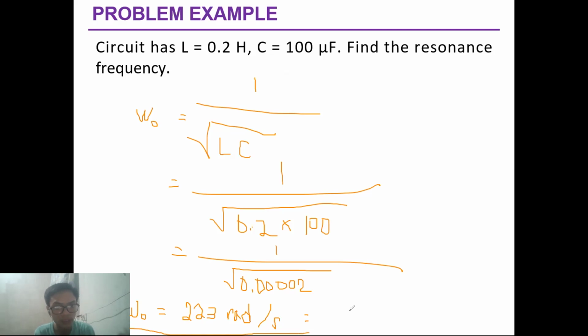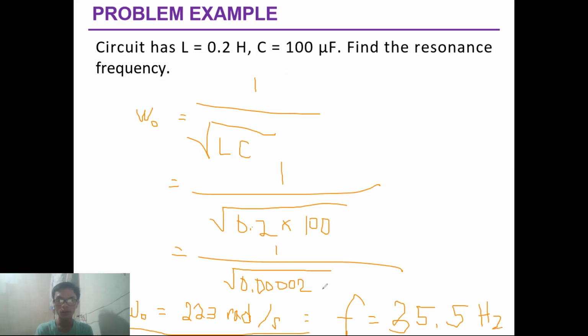Converting 223 rad per second into hertz, we will get f equal to 35.5 Hertz.